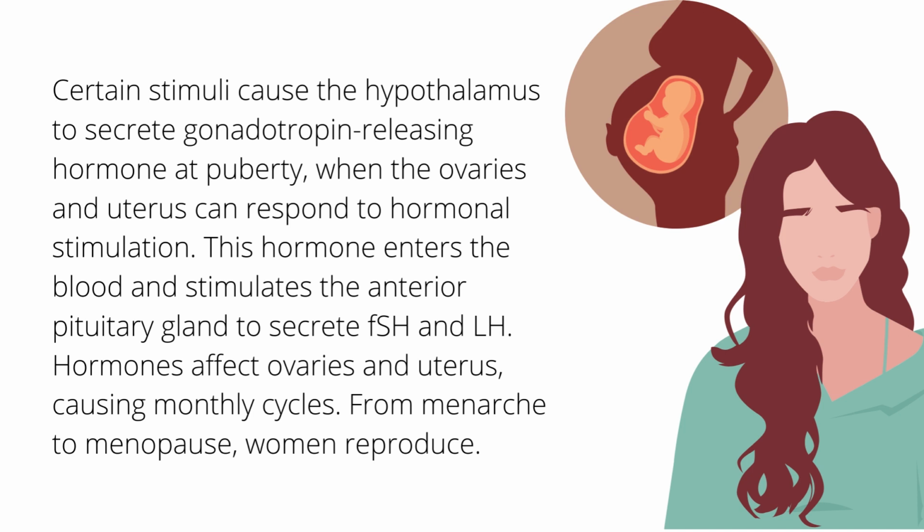These hormones in turn affect the ovaries and the uterus. And also the monthly cycles begin. A woman's reproductive cycle lasts from menarche to menopause.